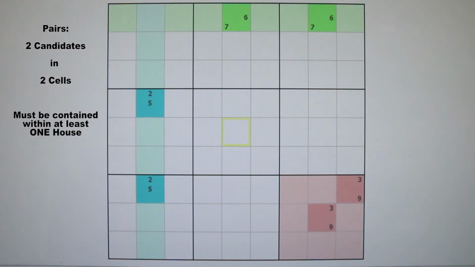In Sudoku, a subset of a pair is defined as 2 candidates in 2 cells that both lie in the same house. Remember that. 2 candidates in 2 cells that both lie in the same house. And these come in 3 varieties: naked, hidden, and locked.